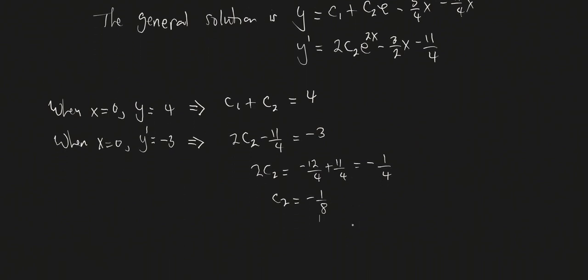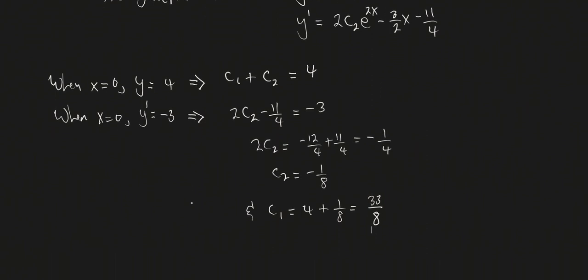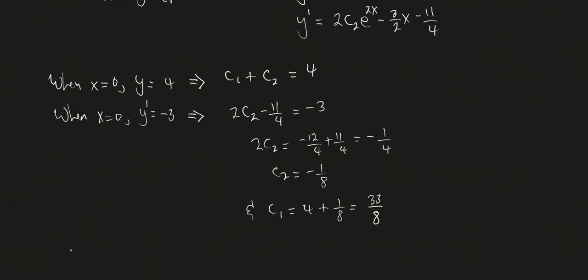And then what's C1? C1 is equal to 4 plus 1/8, which is 33/8. And there we go. So here is the particular solution, or the solution to the IVP.